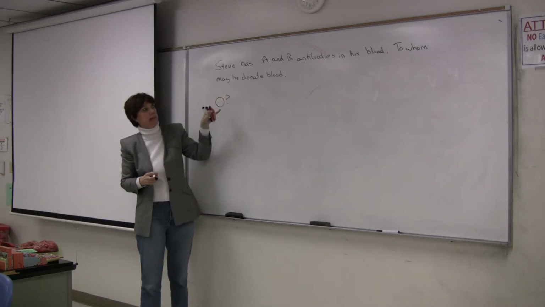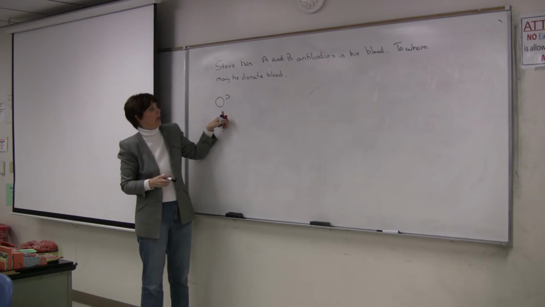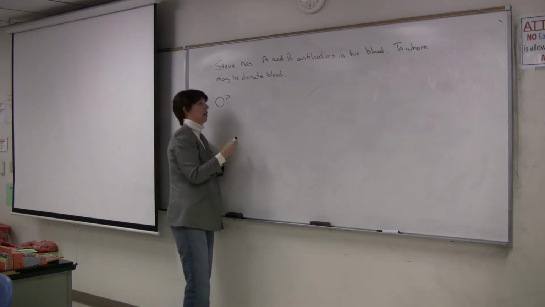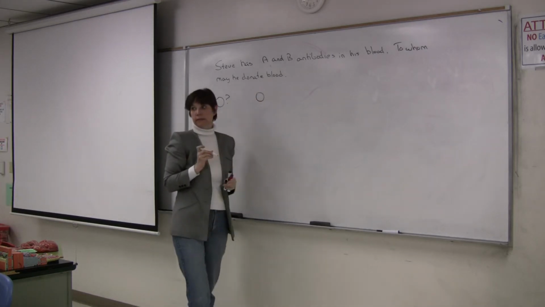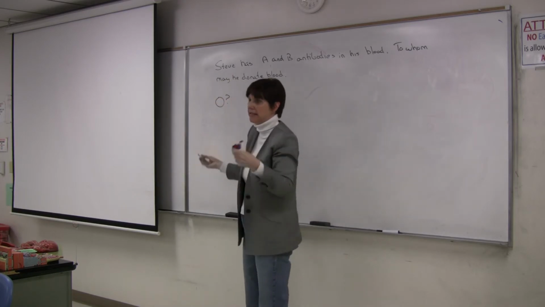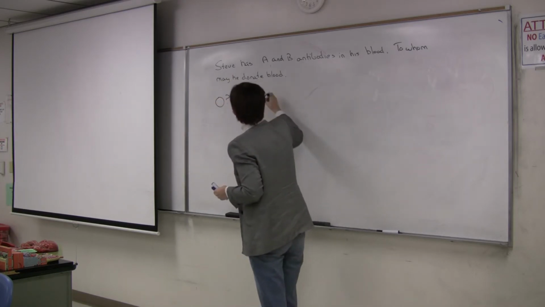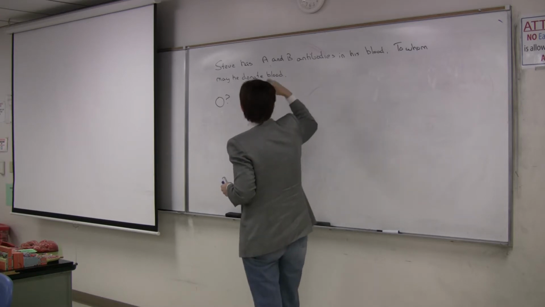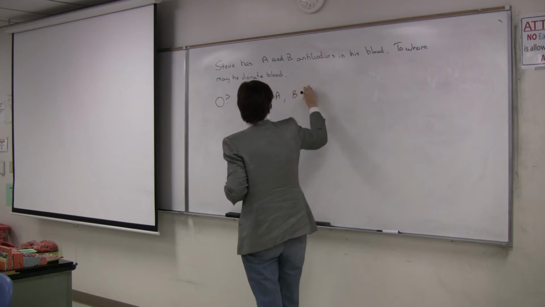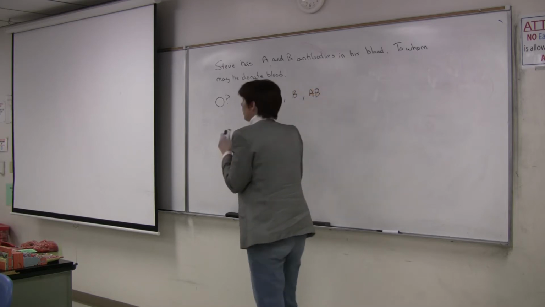Since he has A and B antibodies, but he doesn't have any antigens, he can give to O blood. Because O's not going to have antibodies against him. I mean, it has antibodies, but he doesn't have the antigen for them to agglutinate to. He can give to A, to B, and to AB.